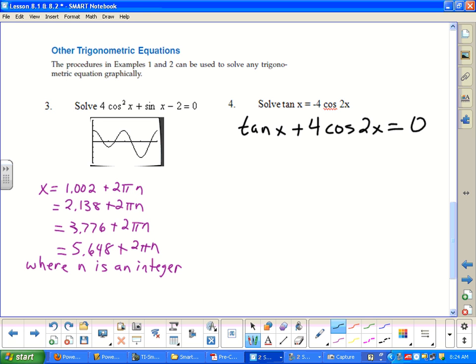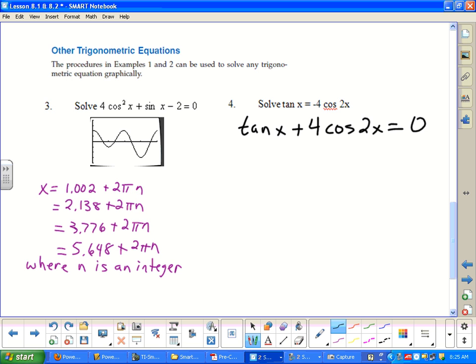Now, what's the period for tangent? The period for tangent is pi, right? Well, what's the period for the cosine of 2x? What does that 2 do to the graph of cosine? Does it stretch it horizontally or compress it horizontally?